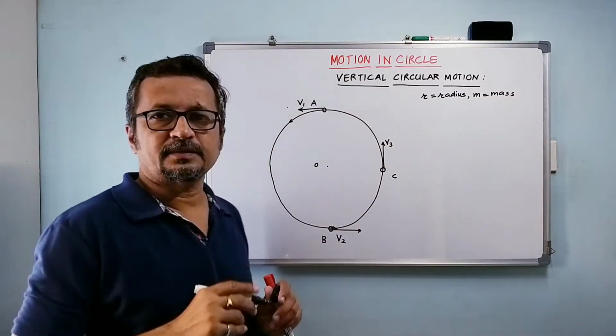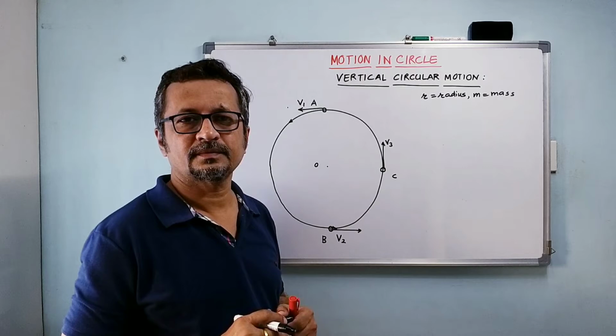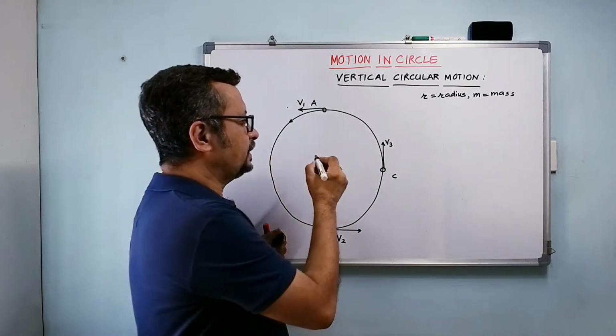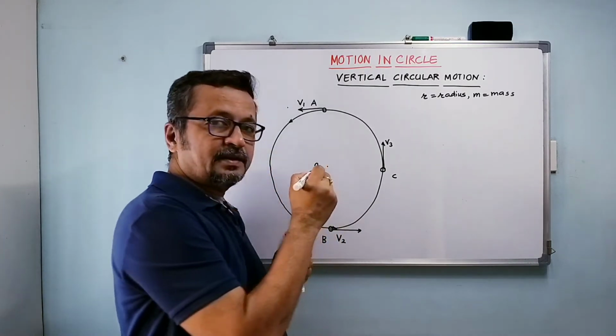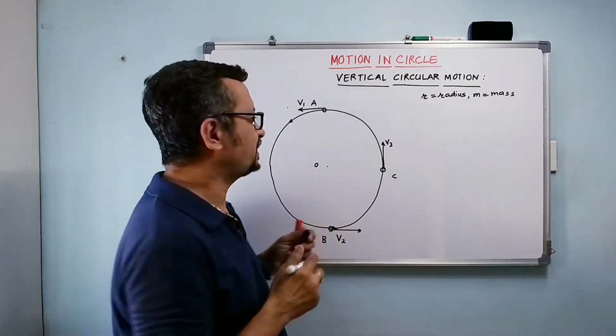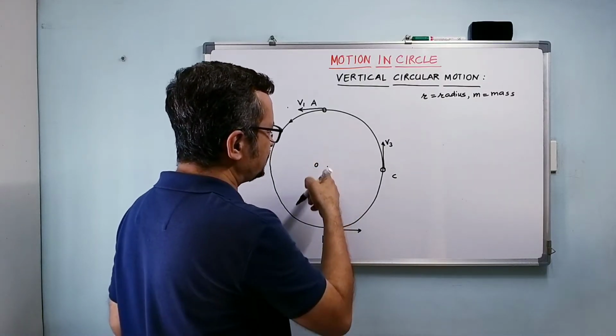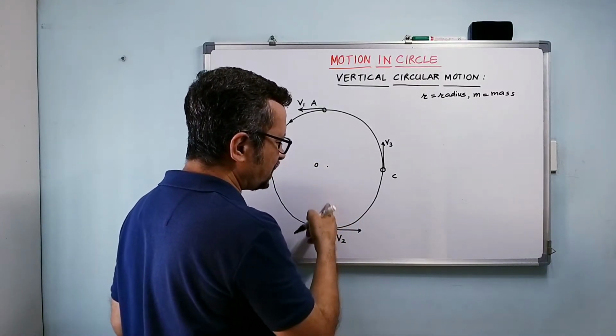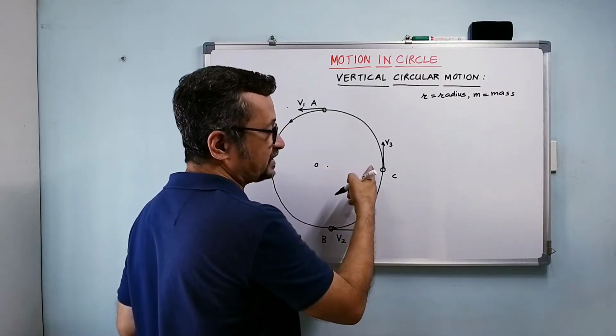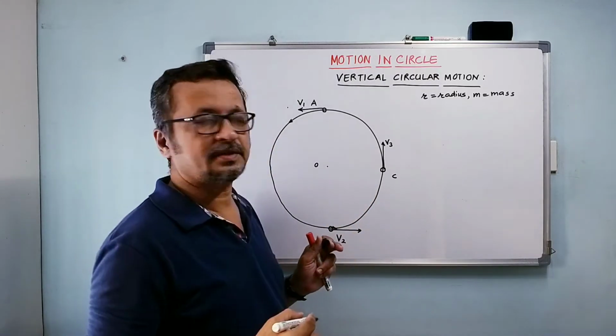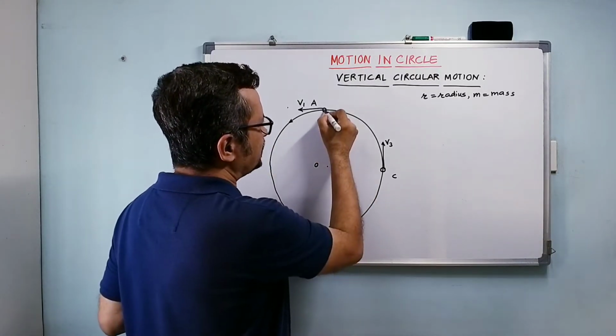Now this string is going to have tension, but the tension in the string when the mass is over here and the tension in the string when the mass is over here are going to be different, right? So let us mark the tensions.